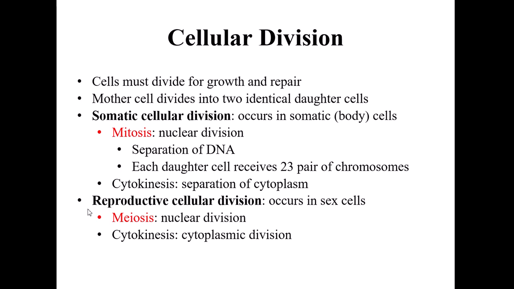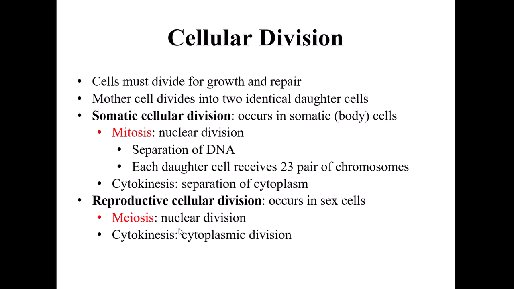In anatomy and physiology, too, we'll consider reproductive cellular division, as this occurs in the sex cells, and that's when we cover sex cells in reproduction. So same thing, the nucleus needs to divide, but instead of calling that mitosis, we're going to call it meiosis. Right? So it's just nuclear division known as meiosis.